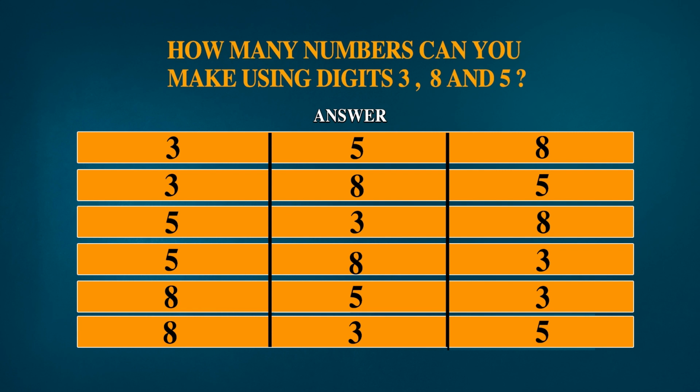First number will be 538 and second will be 583. Similarly, we will keep the leftmost digit fixed as 8 and arrange 5 and 3. First number will be 853 and second will be 835.